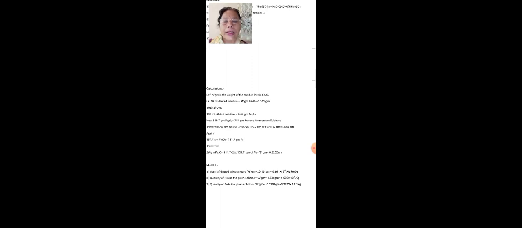This is exactly today's practical, how we are finding out the iron present in the FAS, that is ferrous ammonium sulfate. And it's quite easy to understand if we go through it one by one step and follow each one in the correct manner and sincerely, then you will get the weight exactly.